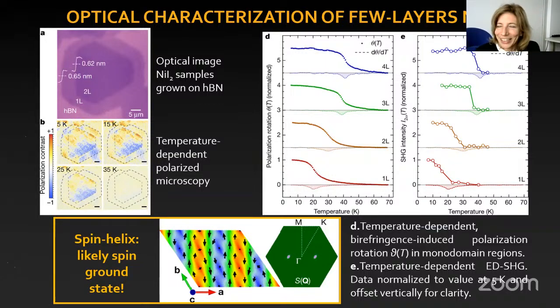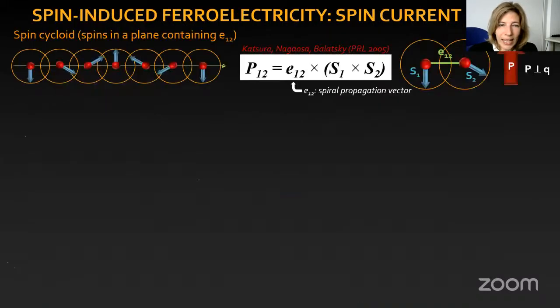Okay, but even though we were not happy that our anti-skyrmion was not found, we still thought that this spin helix could give rise to some nice physics, because a spin helix can in principle induce ferroelectricity.